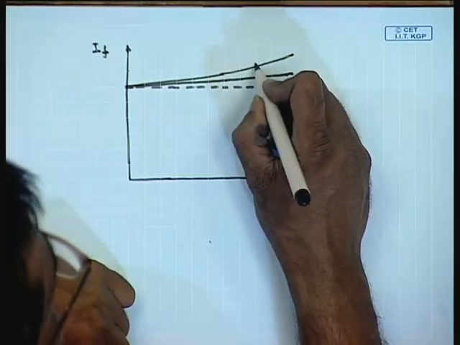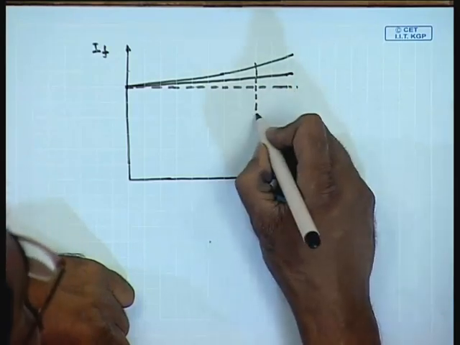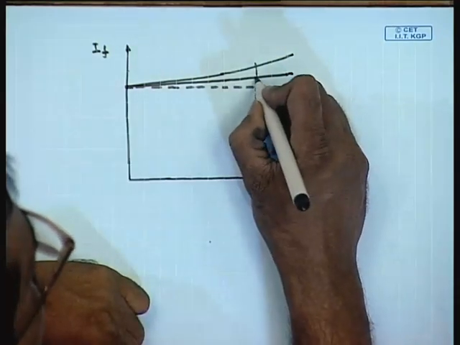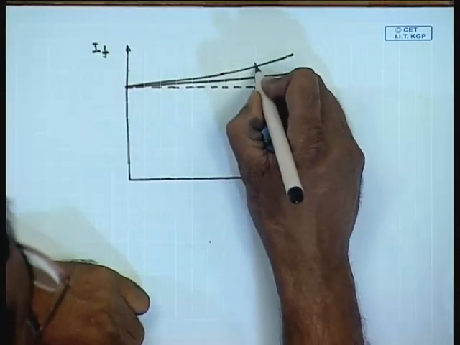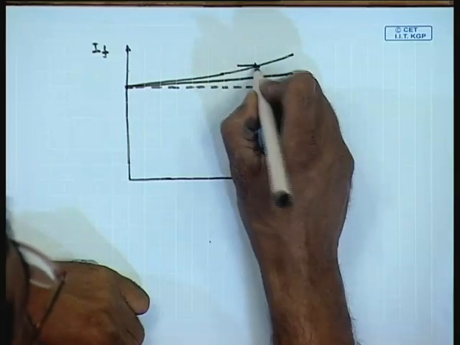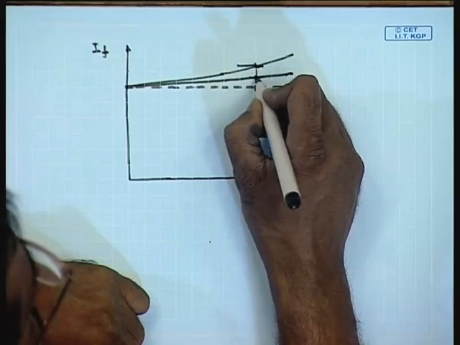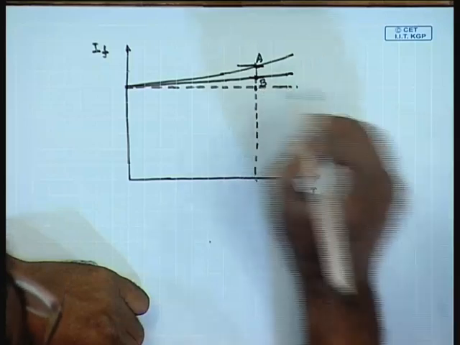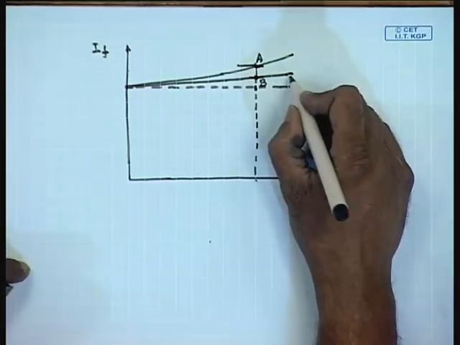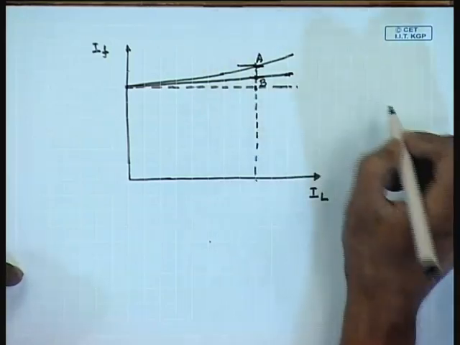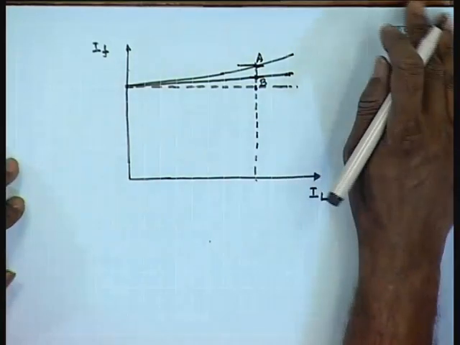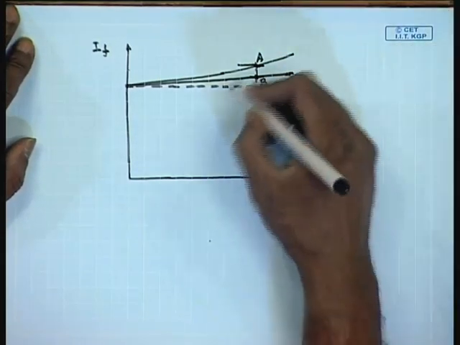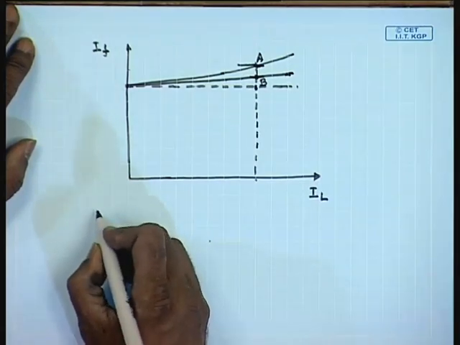So, at any given load current one can find out the field ampere turns or field current required to compensate for the armature reaction drop by calculating this magnitude A B. So, this way the drop in the armature voltage due to armature reaction can be expressed in terms of equivalent field current.